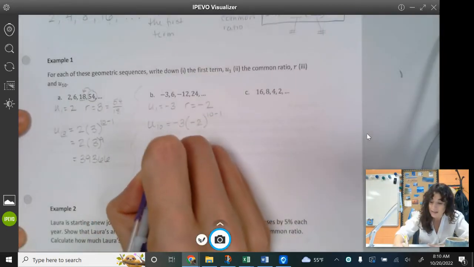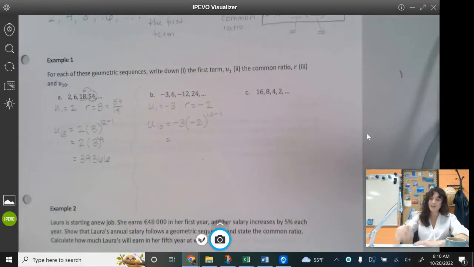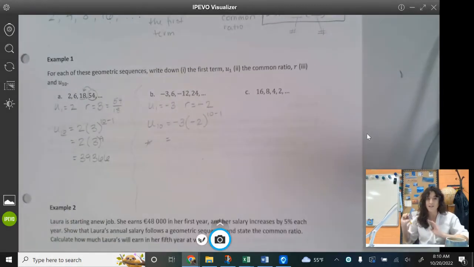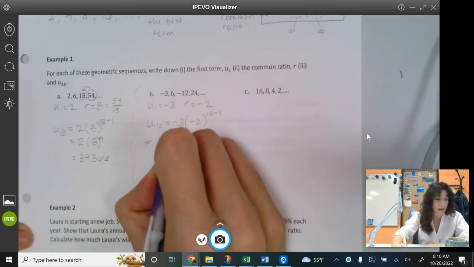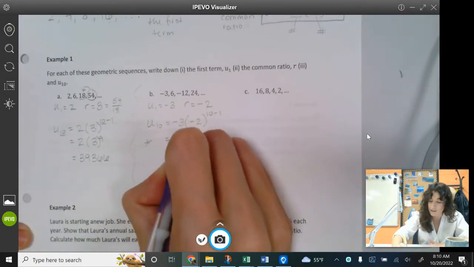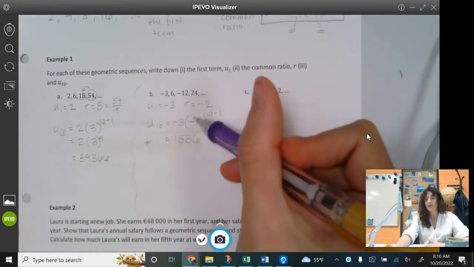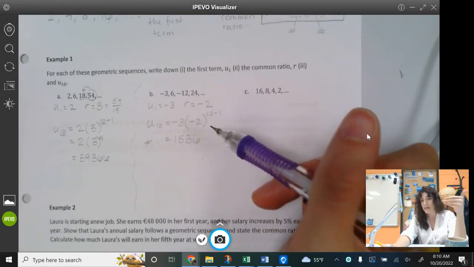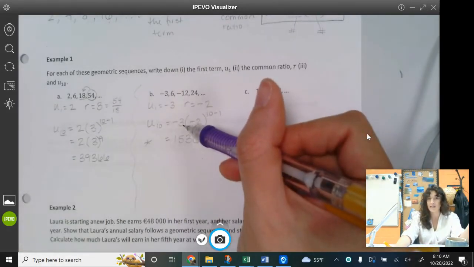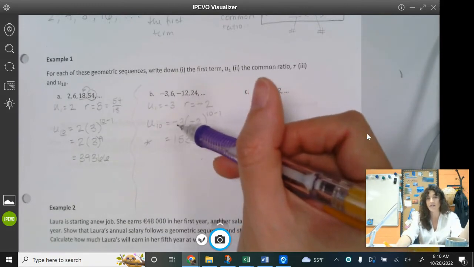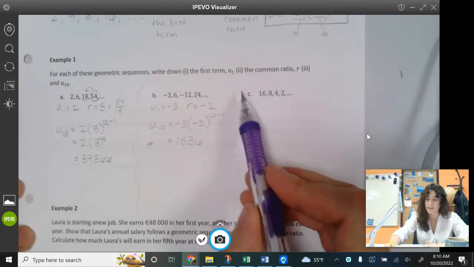I want you to practice putting this into your calculator correctly. So I'm going to have this be the first question I ask you to do on your own. Okay, you should get positive 1,536, right? Raising this -2 to an odd power made it negative, but then we multiplied by -3 again, a negative again, so then it eventually turned back into positive.